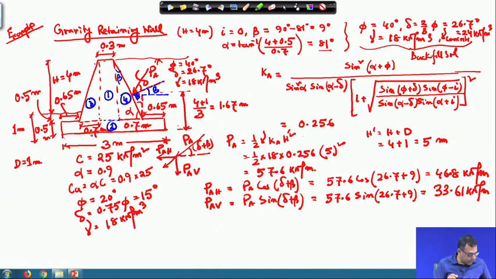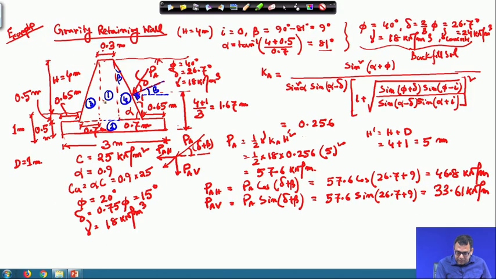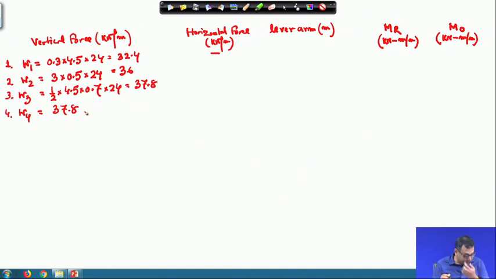So, I can write this is half into 4.5 into 0.7 into 24, that is equal to 37.8. Number 4 is the W4, which is the same as W3, 37.8.